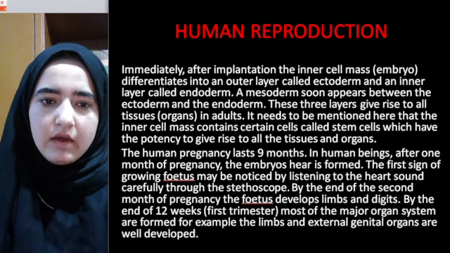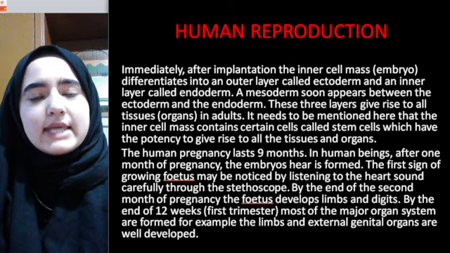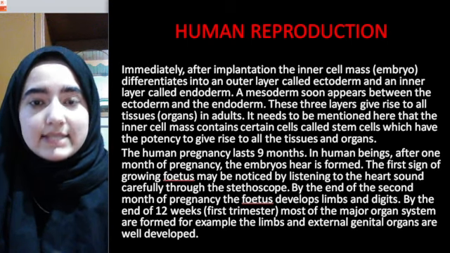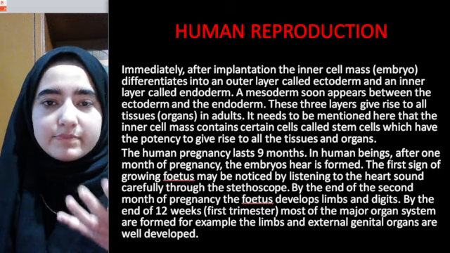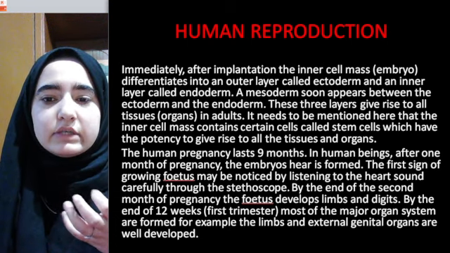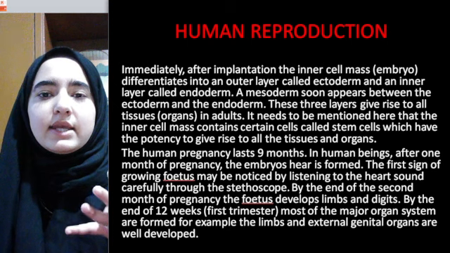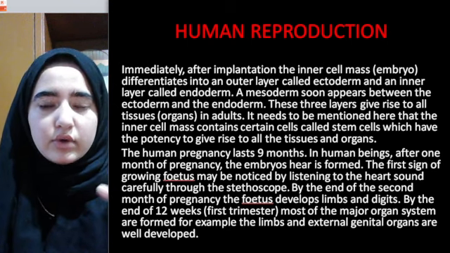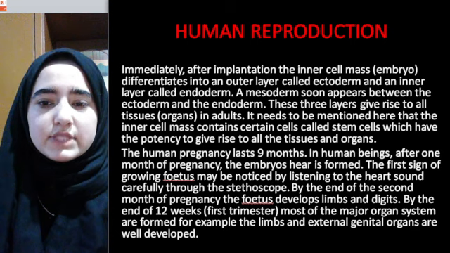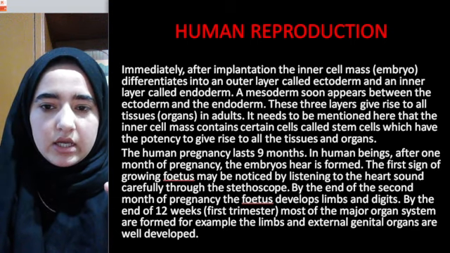The first sign of a growing fetus can be heard by stethoscope, because the heart inside the fetus is formed after 1 month. So after 1 month we can easily hear the sound, lub dub, of the heart with the help of a stethoscope.